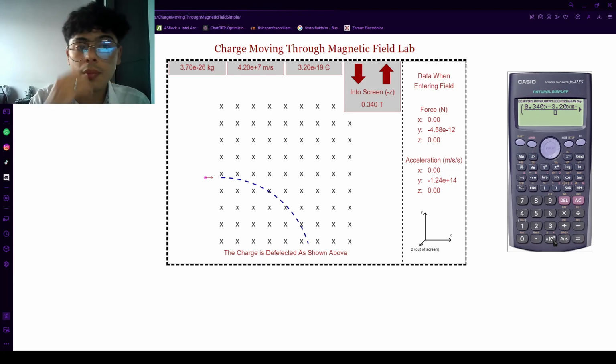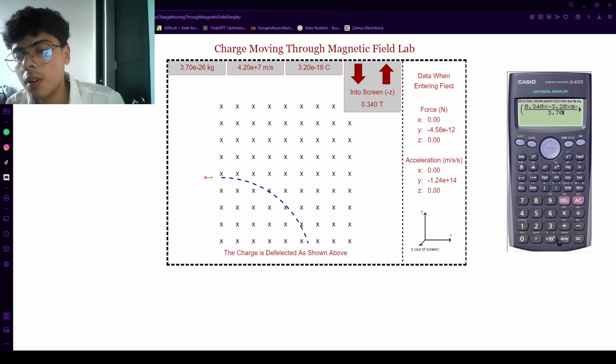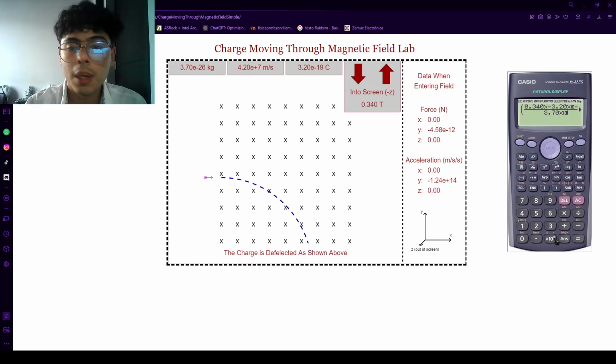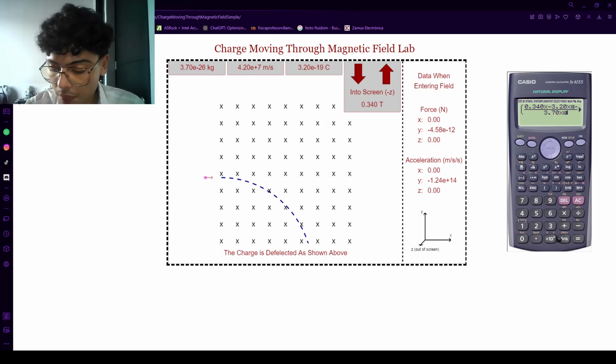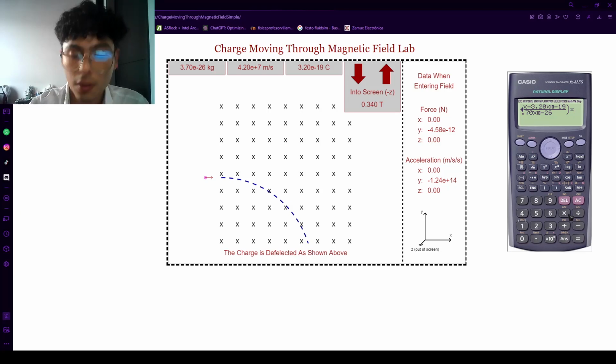Divided by the mass, in this case 3.70 multiplied by 10 to the power negative 26 kilograms. Close the parentheses, multiply by the initial velocity, in this case 4.20 multiplied by 10 to the power 7.